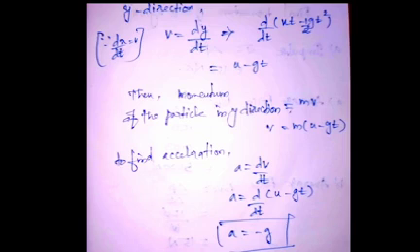Therefore, if the particle is moving in the y direction, the force is F equal to minus mg, that is, the acceleration is converted into acceleration due to gravity. This negative sign implies that the force acts in the opposite direction to the y direction. This is a very important conclusion, students. The minus sign represents the force applied in the opposite direction.